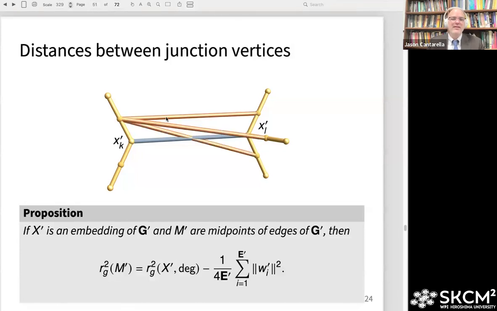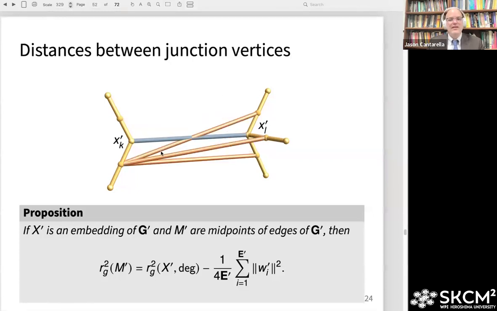It occurs, for instance, in the calculation of the distance from this midpoint on the left to all three of these midpoints on the right, and in the calculation of the distance from this other midpoint on the left to all three midpoints on the right.